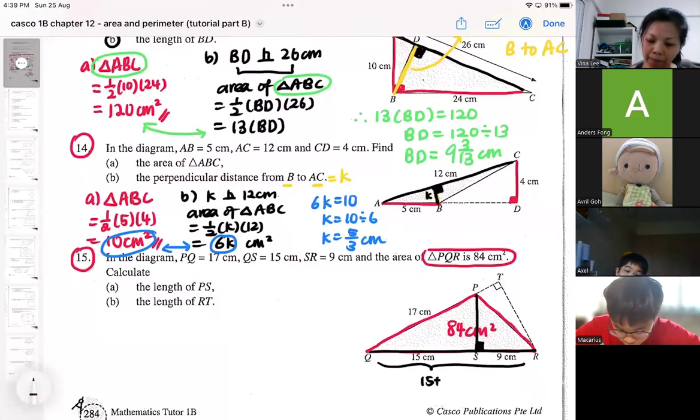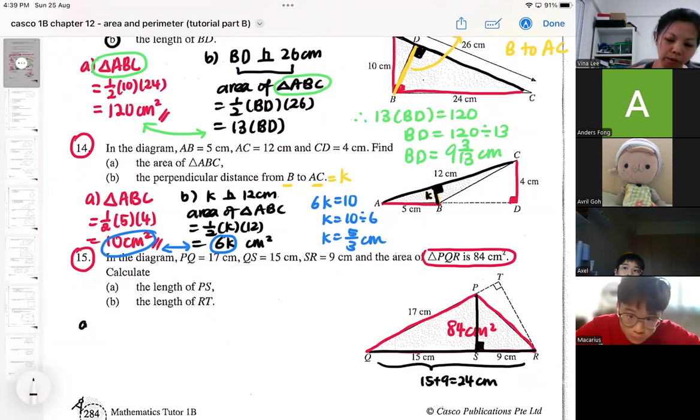Don't forget to add up. Some students will forget to add up. So you need to realize PS is perpendicular to 24 centimeters.